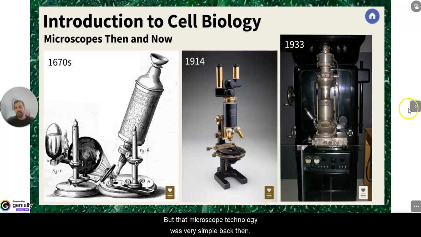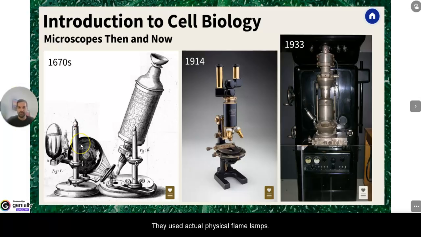But that microscope technology was very simple back then. They used actual physical flame lamps, and the light had to be concentrated into a point in order to illuminate microscopes. So that's how the first light microscope came into being.